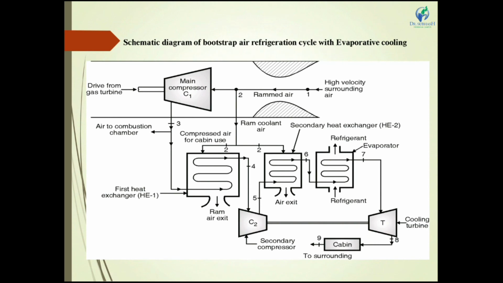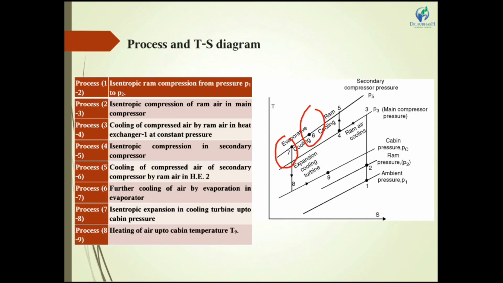Then the air passes from the cooling turbine to the cabin, and then is rejected to the atmosphere. All the processes and parameters are the same; only one additional evaporator component is placed between the heat exchanger and the turbine. In the graph, we deviate from process 6 to process 7.